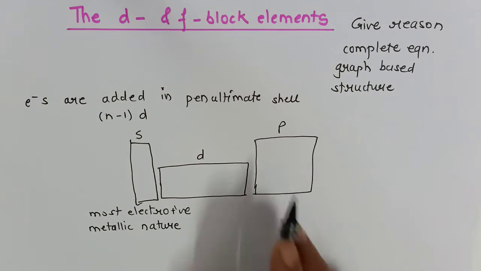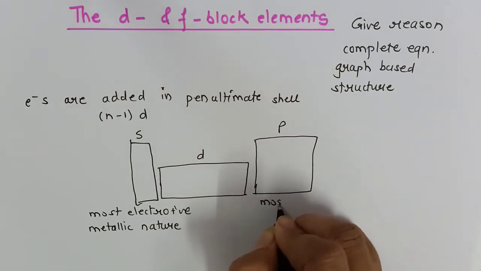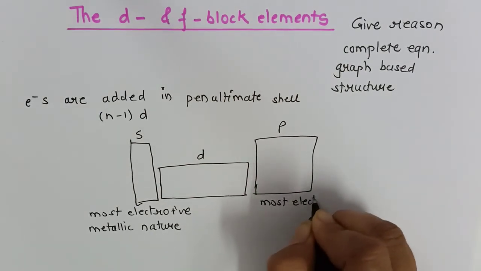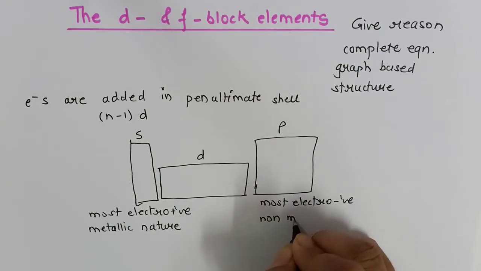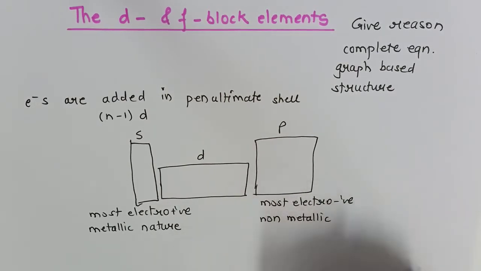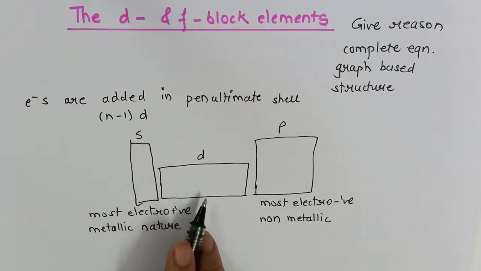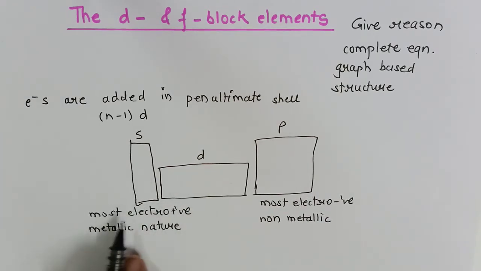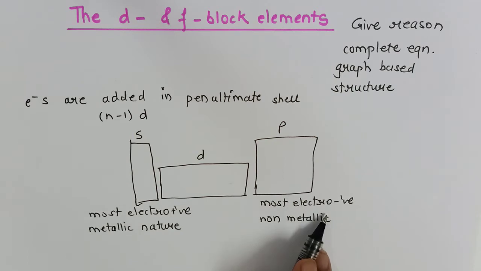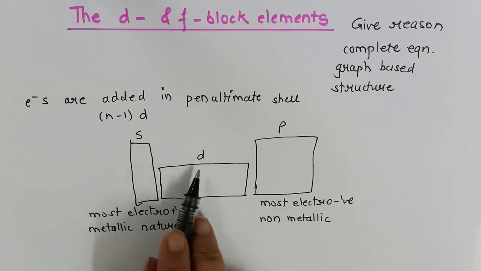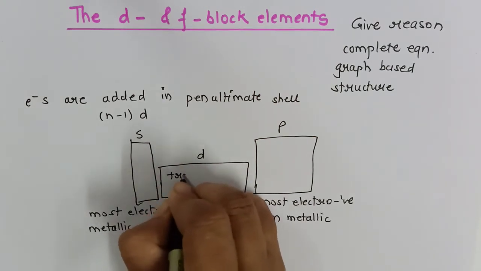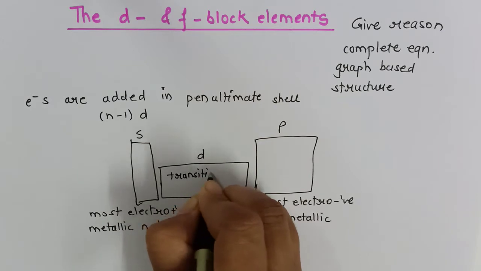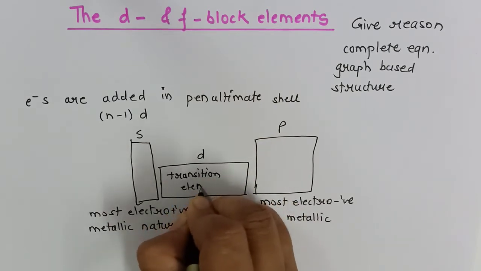Whereas all the elements of P block are most electronegative, or I will say they are non-metallic in nature. D block represents the transition from most electropositive to most electronegative, or I will say from metallic character to non-metallic character, and therefore D block element is also given another name, transition elements.